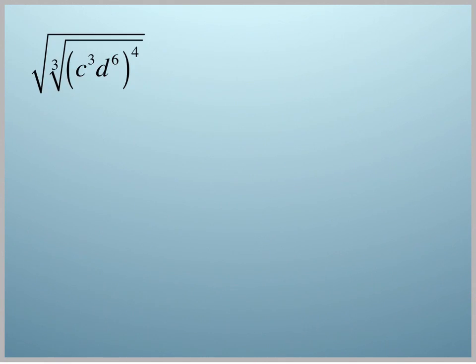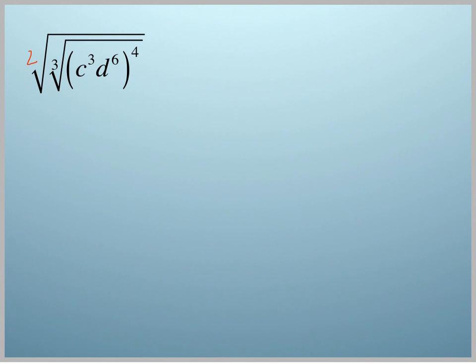Alright, our second example, we're going to have to use one of the properties that we wrote down above. So let's take a look at the square root of the cube root of c cubed d to the 6, all raised to the 4th. Now, if there's not an index written, it's an understood 2.